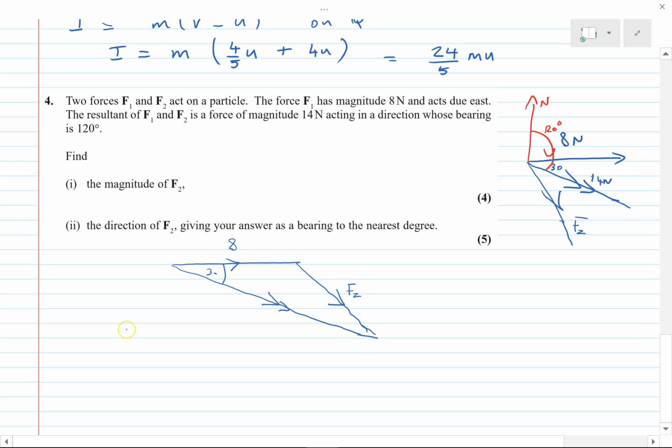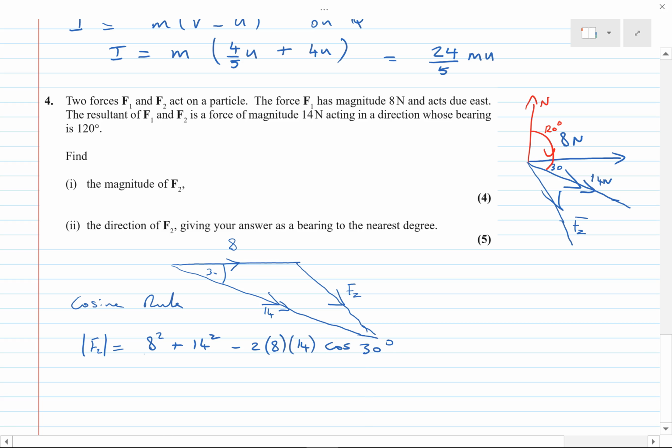So to work out the magnitude of F2, again, we're just going to use the cosine rule. Magnitude of F2 squared is equal to these two sides, lengths, squared and added, 8 squared plus 14 squared, take away 2 times 8 times 14 cos 30 degrees.